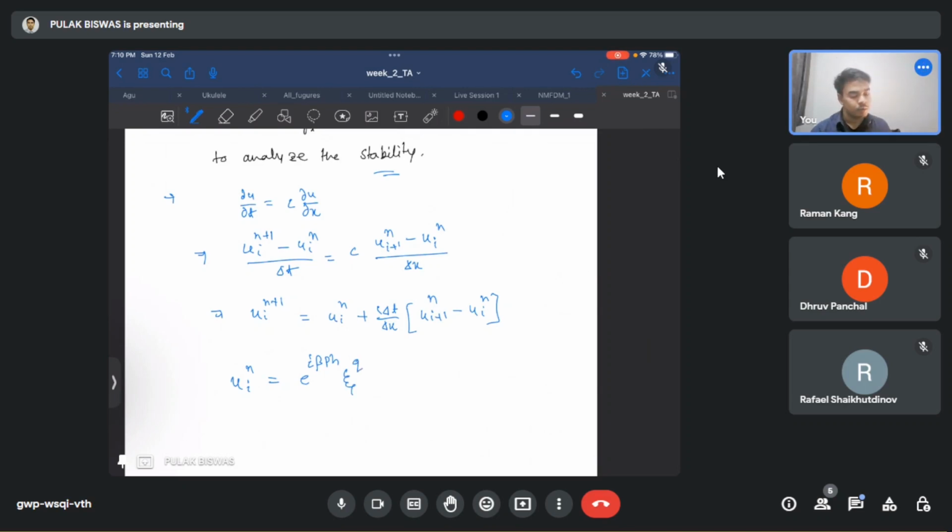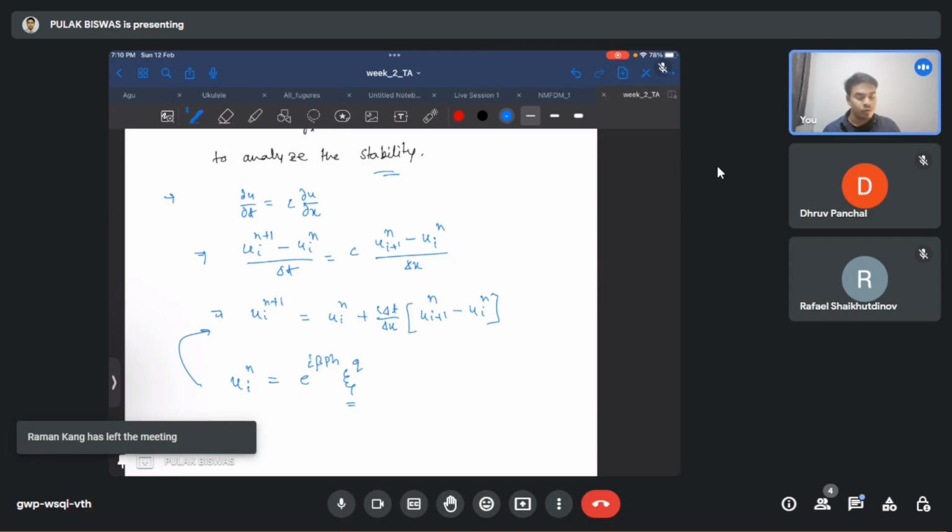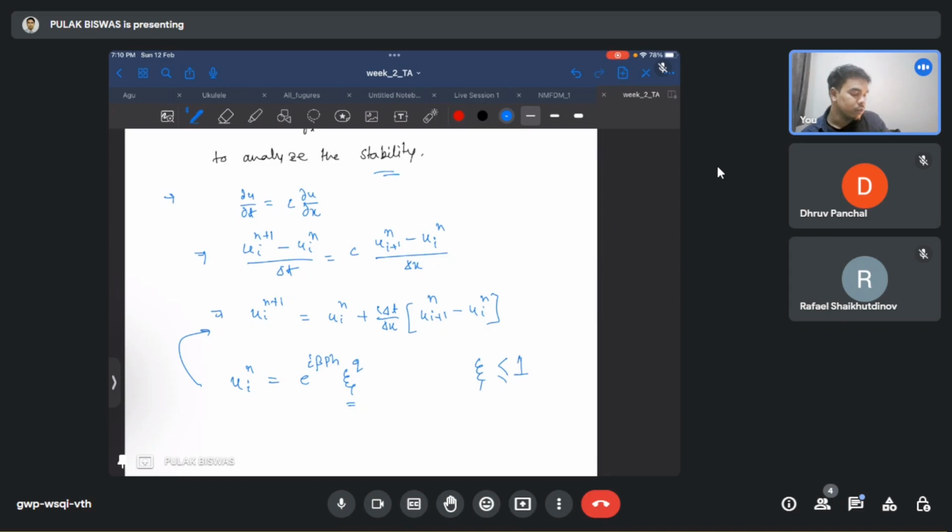If you put this into this equation, then you can find the value of xi, and what is the criteria for the value of xi so that this one is stable. You know that: xi's value should be less than or equal to 1, then only the scheme becomes stable.